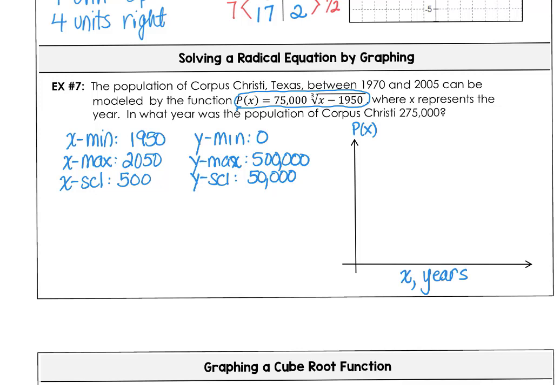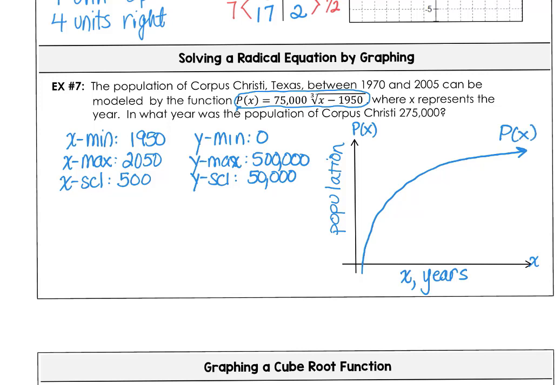So when you get your graph there, the population is on the y-axis, and the years are on the x-axis. And with that view window, you may have to set your window, but you get some exponential growth that looks something like this.